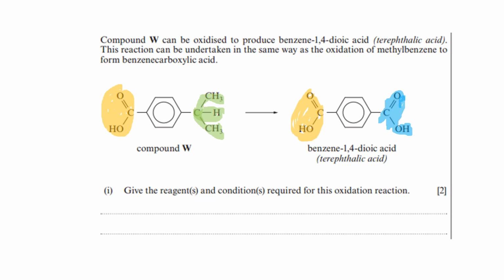And you need to give the reagents and conditions. Well, to oxidize an alkyl side chain on a benzene ring into a carboxylic acid group, you need to reflux with alkaline potassium permanganate, KMnO4, and that needs to be in aqueous conditions, so dissolved in water.